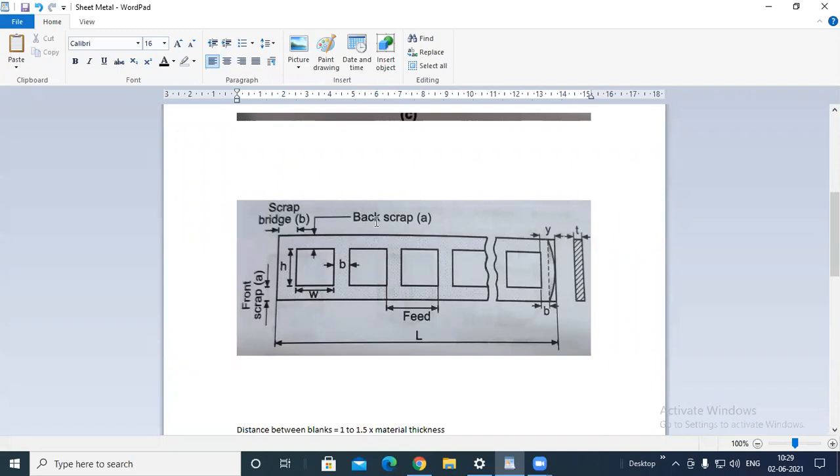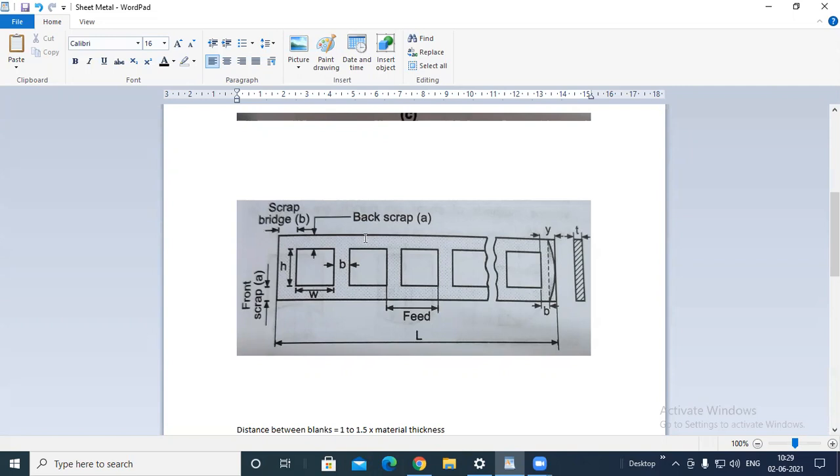The formula for the back scrap is A equals T plus 0.015 H, where H is the height of the blank. While calculating the front scrap, the formula becomes A equals T plus 0.015 W. So this is the formula for calculating the front scrap or back scrap.